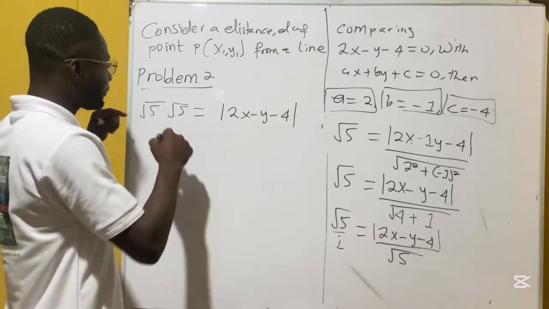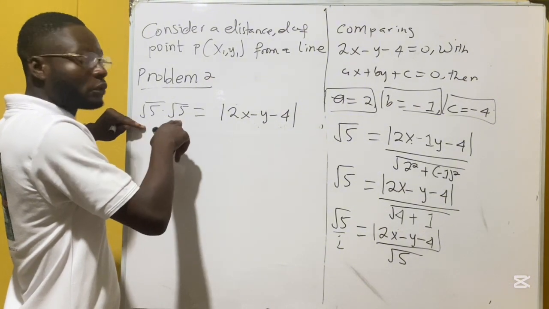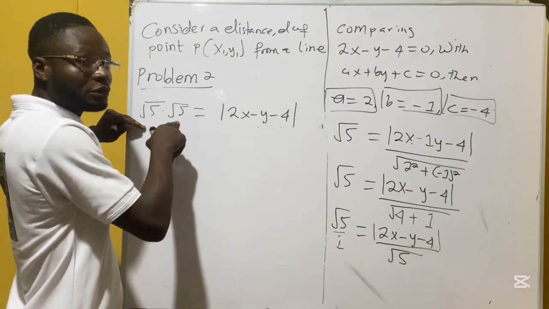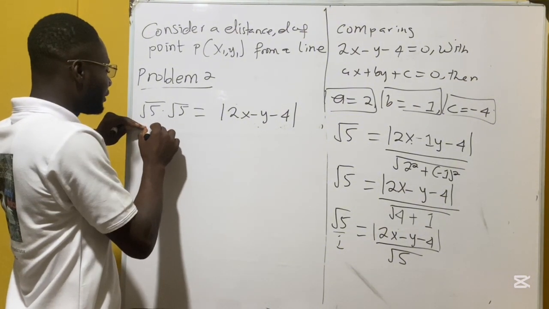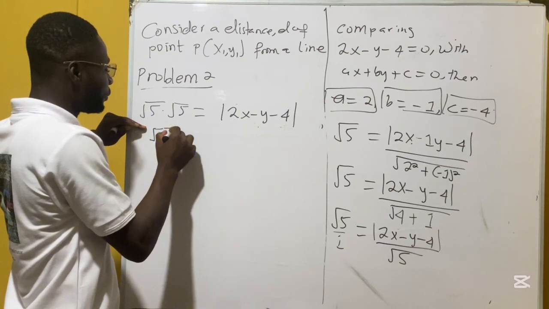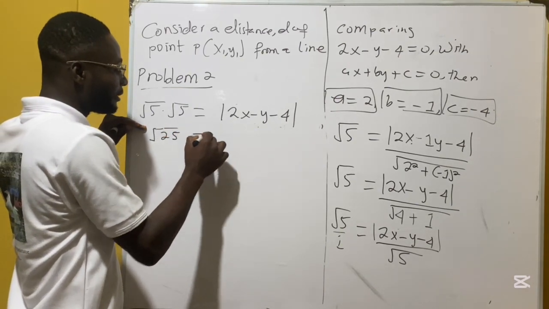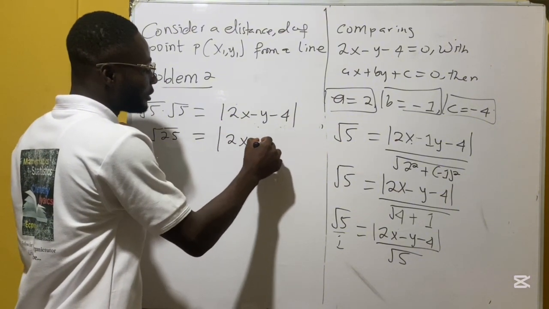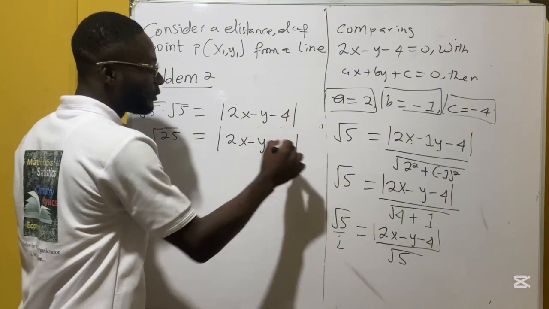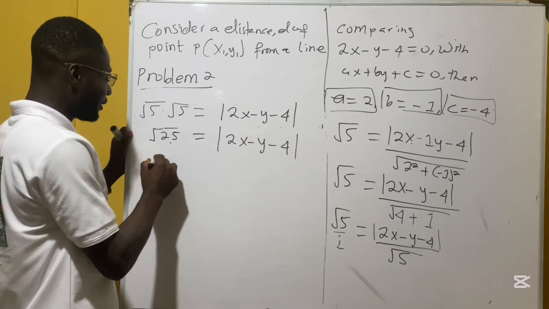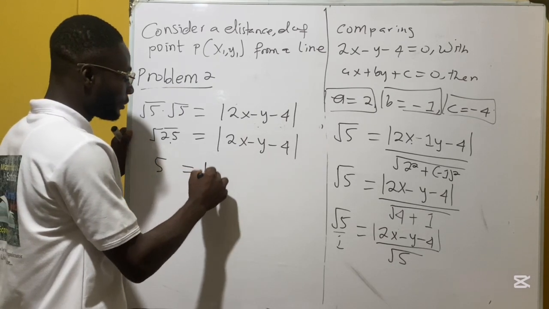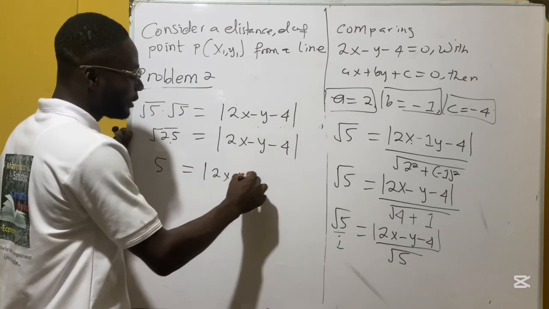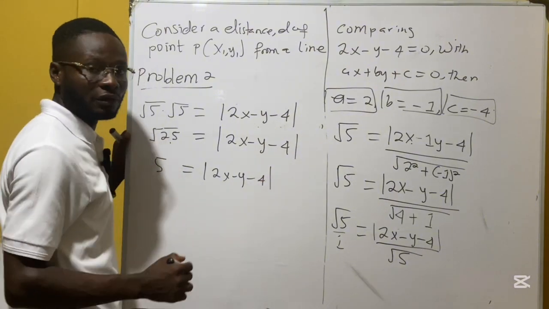Square root of 5 times square root of 5 is basically square root of 25, which is 5, and that is equal to the absolute value of 2x minus y minus 4.